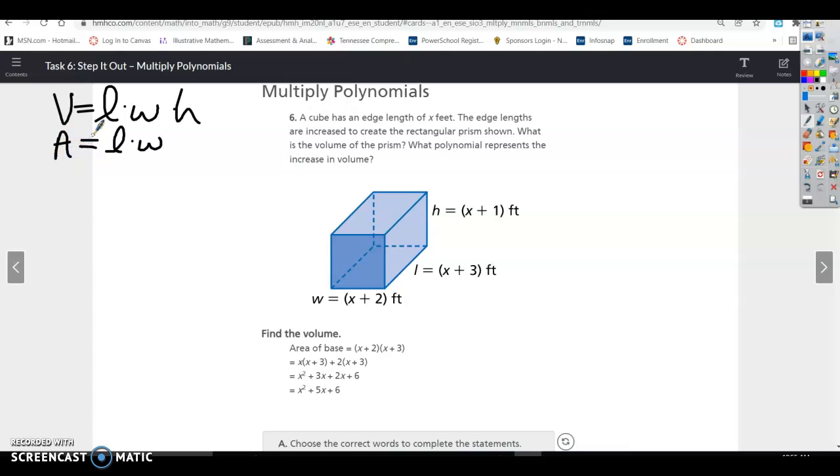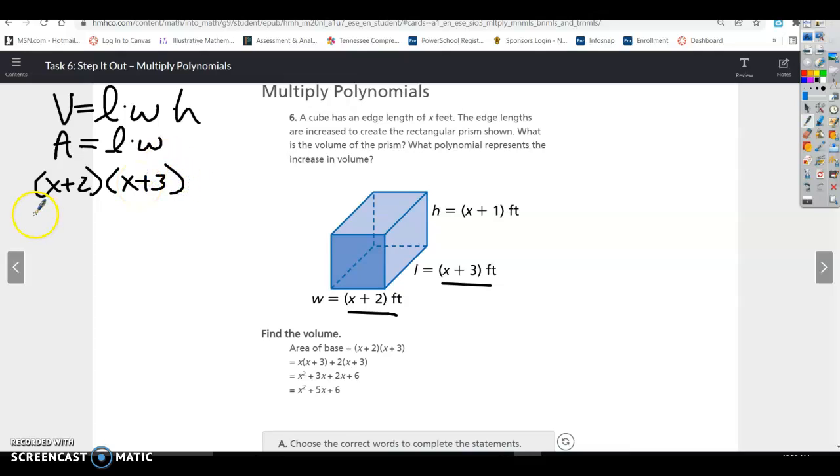So we're going to start by finding the area of the base, which is the length and the width. We're just going to do x plus 2 times x plus 3. So I've got x plus 2 times x plus 3.